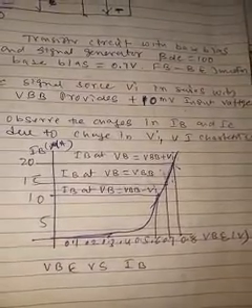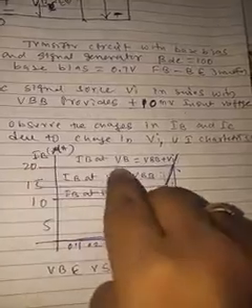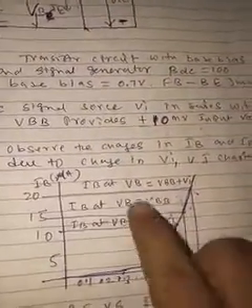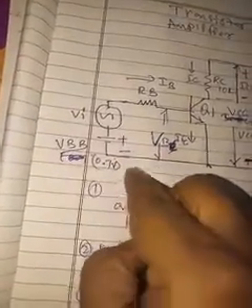And for 20 microamps, VB is equal to VBB plus VI, that is 0.7 plus the AC input voltage VI. So this curve shows the three different conditions of VI, that is the input, and their output with respect to VBE.